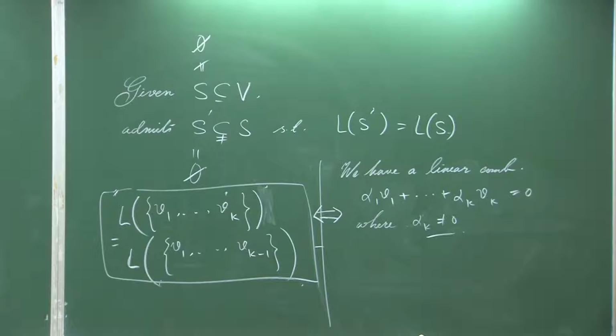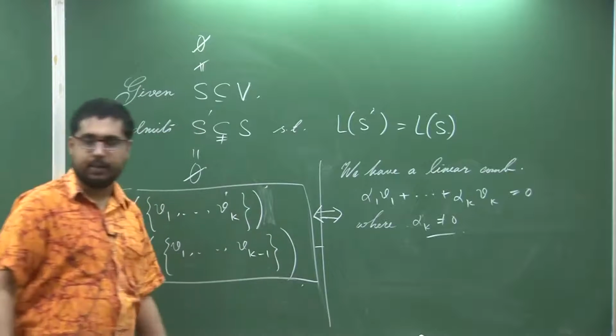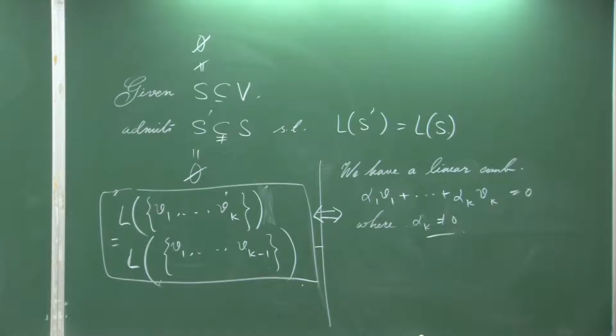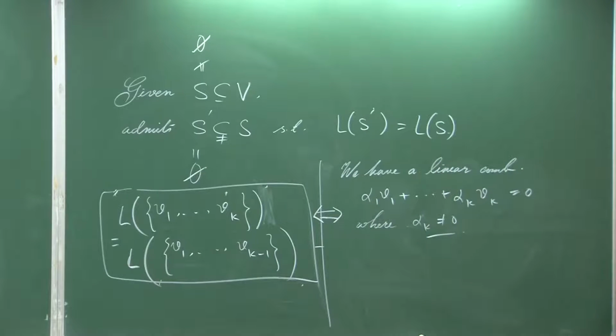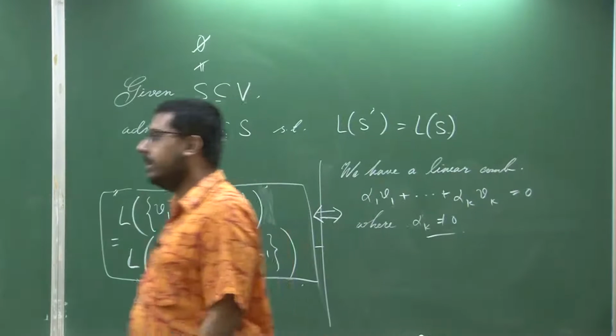Whatever you get from Vk, you can already get from V1 up to Vk minus 1. So, if this happens, it is legitimate to say that Vk is dependent upon V1, V2, up to Vk minus 1, dependent in the sense that Vk can be achieved by them. So, once you have V1 up to Vk minus 1, then adding Vk you are not going to get anything else by taking linear combinations.